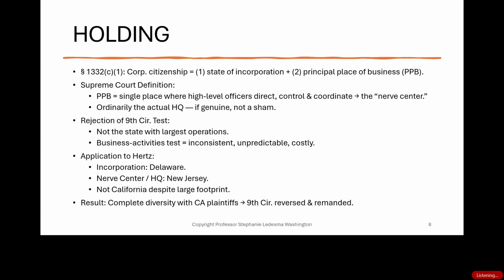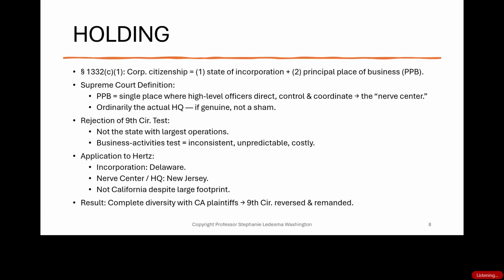Here it is again, 1332(c)(1). A corporation's principal place of business refers to the single place where its high-level officers direct, control, and coordinate the corporation's activities. A location that is sometimes referred to as the nerve center.